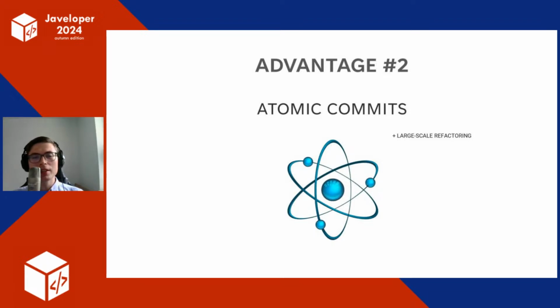What I mean by atomic commits is that rather than doing large-scale changes that touch multiple projects, multiple repositories, rather than submitting multiple pull requests, coordinating with the teams, learning their processes for code review, learning the CI systems, rather than doing all of that, we have just one repository where we can make one perhaps giant pull request which does all of the changes, and we can merge them all at once.